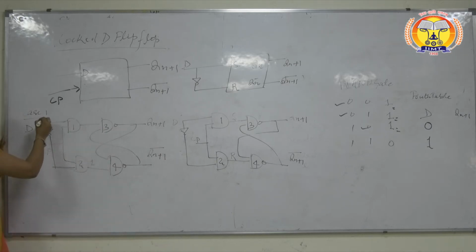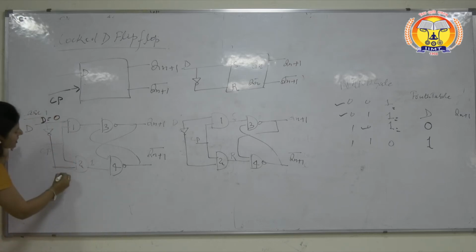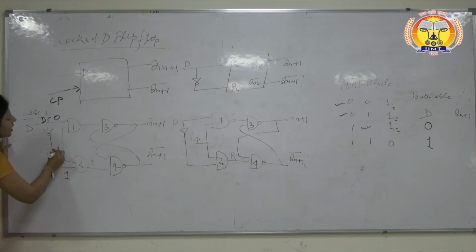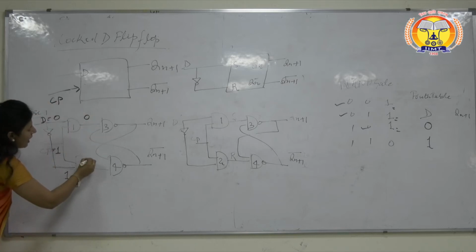Let the first condition be D is 0. If D is 0, then the complement of this will be 1. Now see, clock pulse will always be 1 to activate the flip-flop. So first case is that if D is 0 and clock pulse is 1, then for one AND gate the output is 0 into 1, so output will be 0. For 1 into 1, output will be 1.